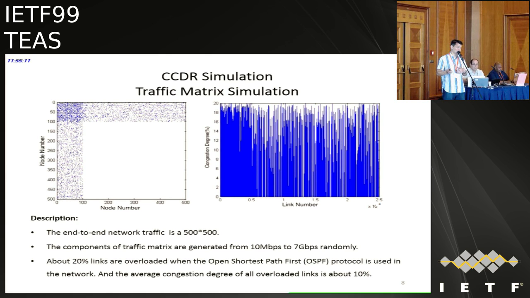After we put the background traffic onto the simulation topology, based on the shortest path protocol, we found about 20% of links become congested, and the average congestion degree is more than 10%.